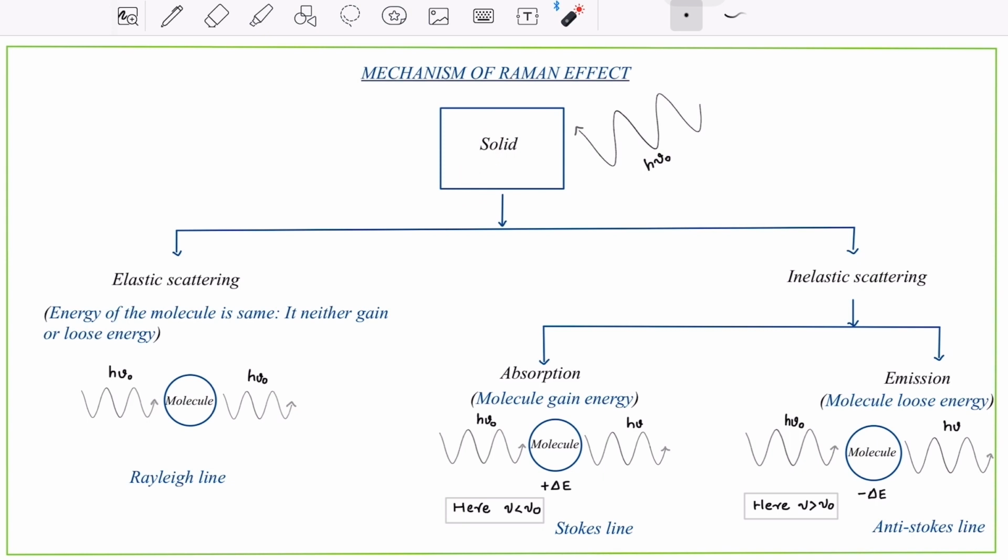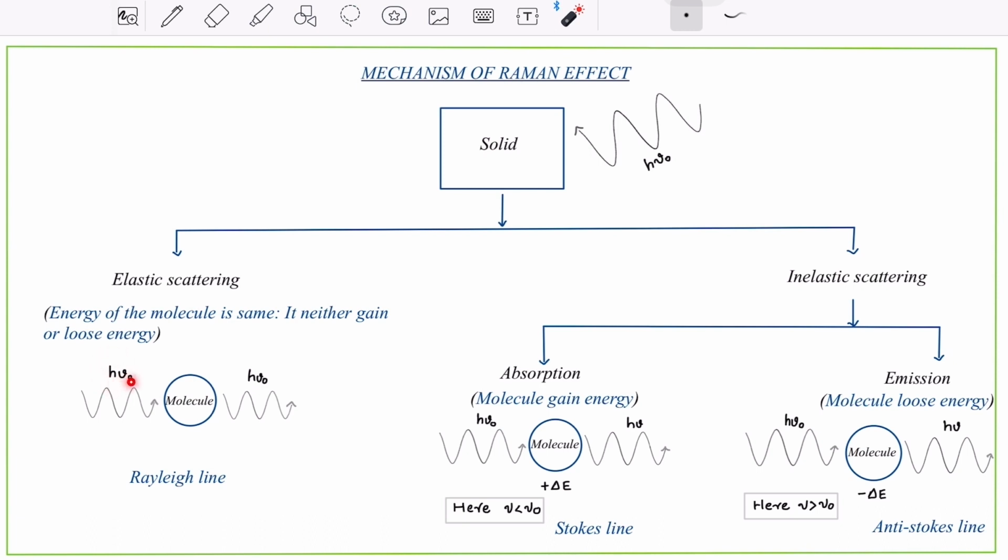The scattering is of two types. One is elastic scattering and another is inelastic scattering. In elastic scattering, the energy of the molecule is the same. The molecule neither gains nor loses energy.